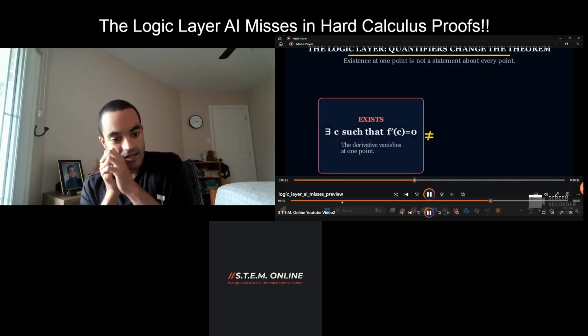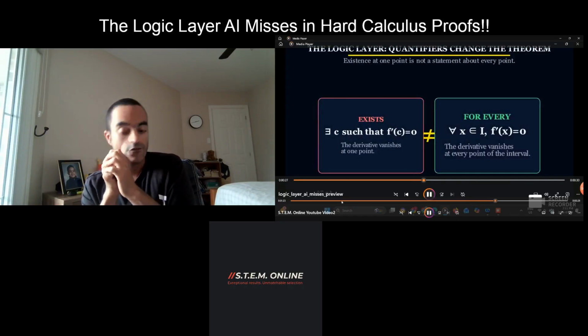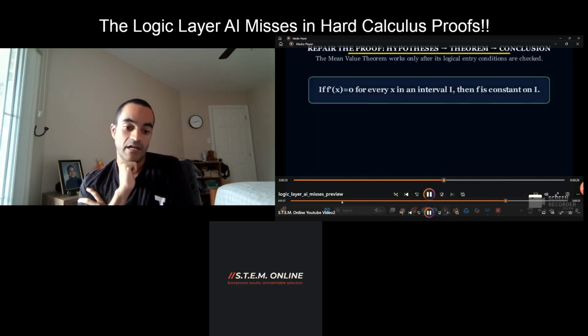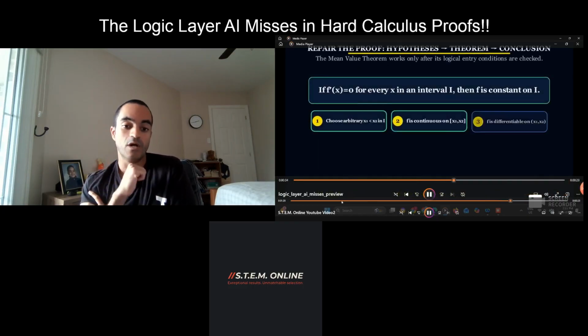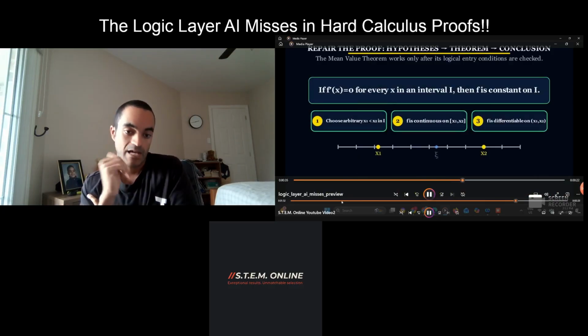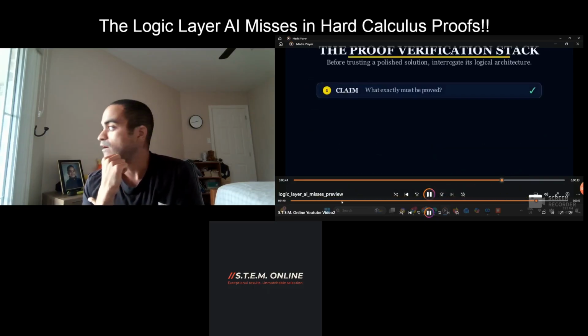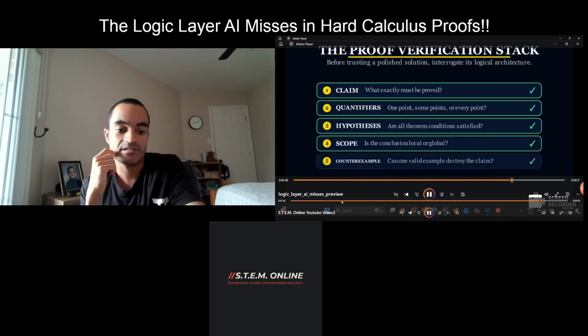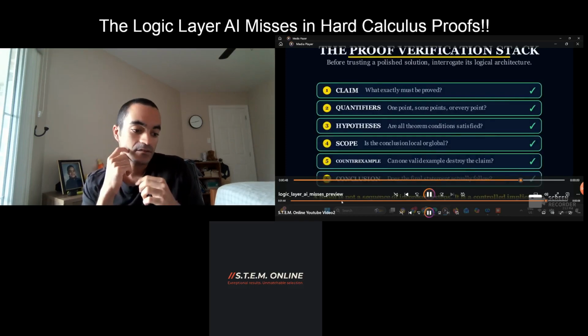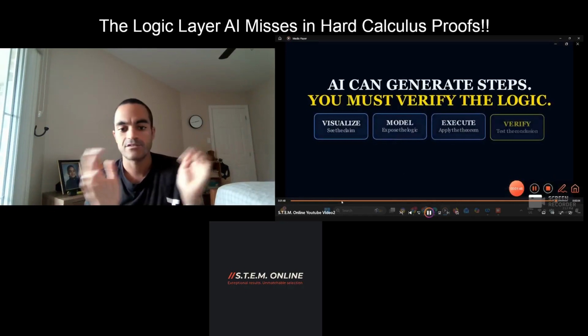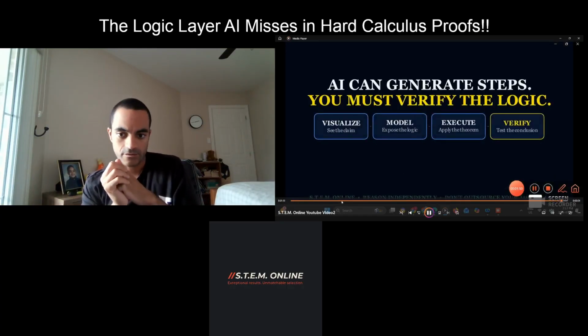Well, there's a very big difference between saying for all x in I, as you see right there, right? For all x in an interval I. Here's an example, right? So for all x in the interval I, as opposed to there exists an x in the interval I. When I say for all x in I, the implication of that statement is that it's ranging across all x in the interval.